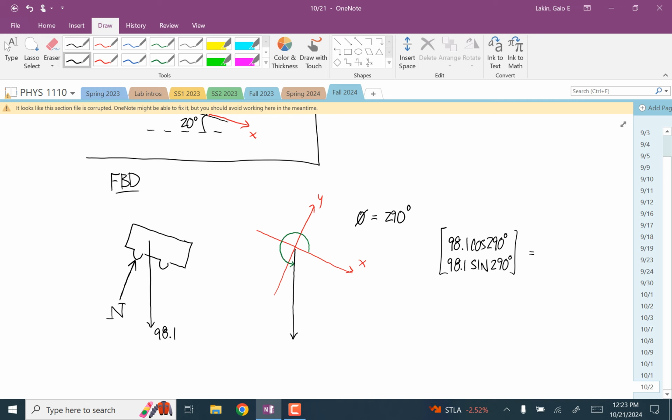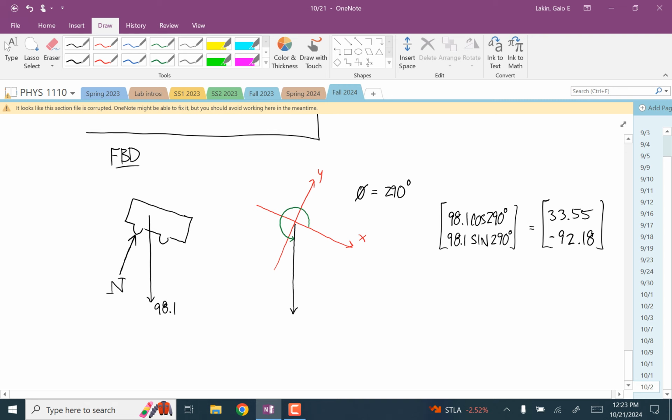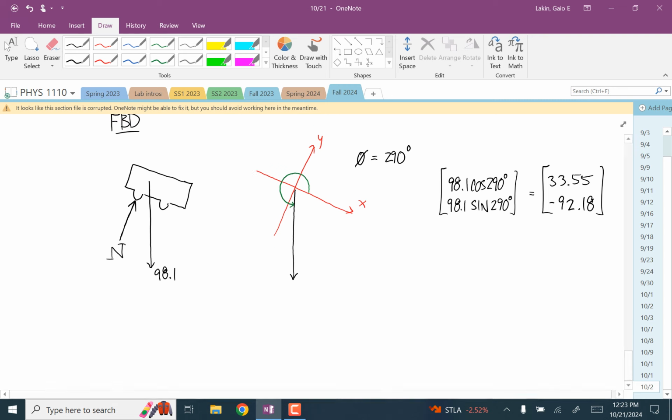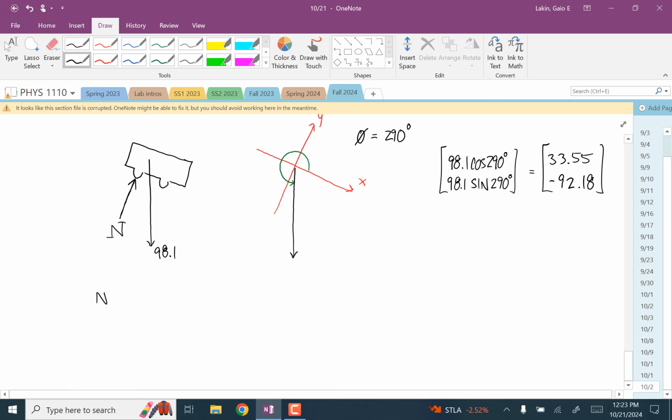And so we get a weight force of 33.55 for X, negative 92.18 for Y. Do those signs make sense? Yeah, it's in the fourth quadrant. So we have a positive X and a negative Y. And now I'll go to Newton's second law.